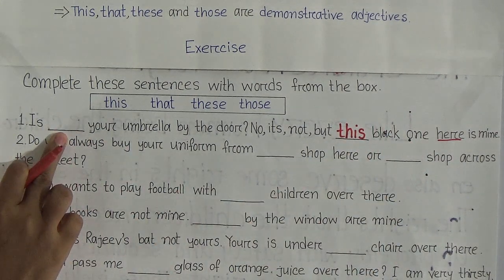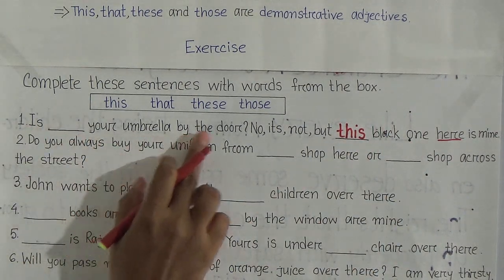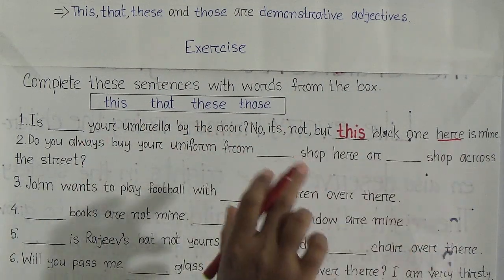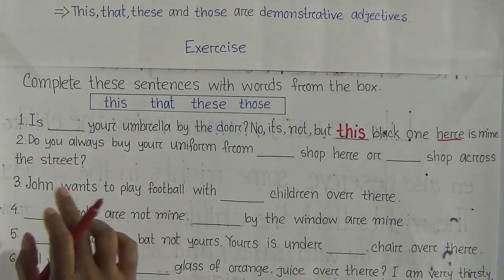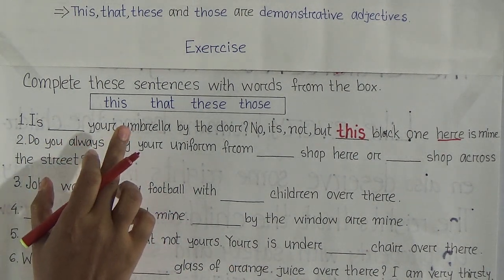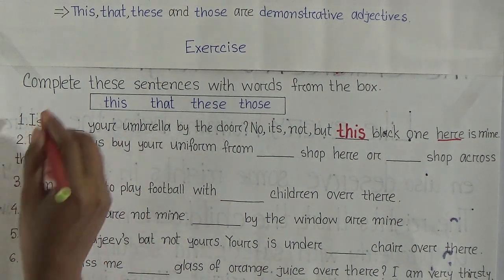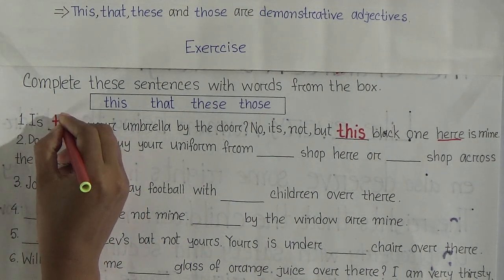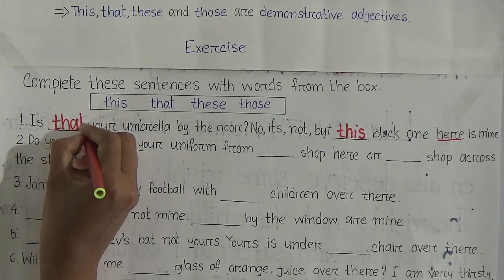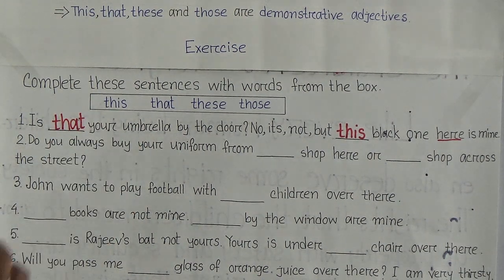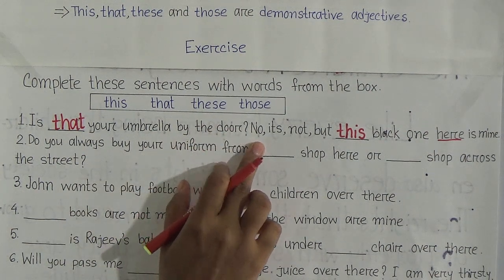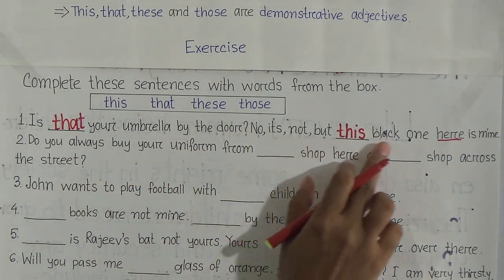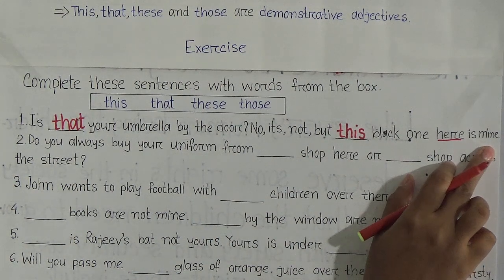So come to the first one. Is dash your umbrella by the door? By the door. It means not near to you. It means far from you. So as it is far from you and it is singular, you have to use that. Then the sentence will be, is that your umbrella by the door? No, it's not. But this black one here is mine.